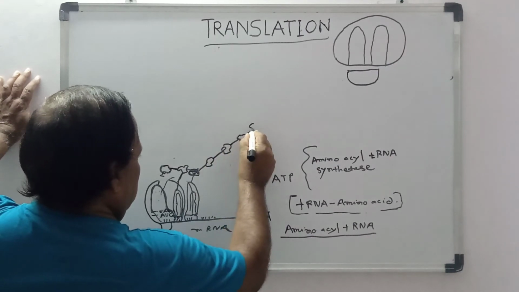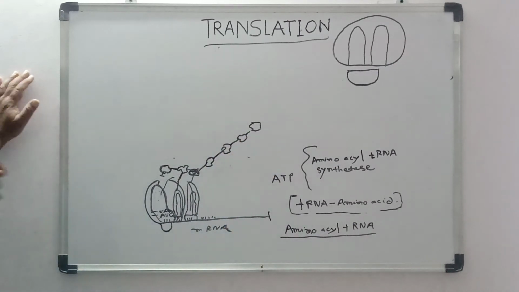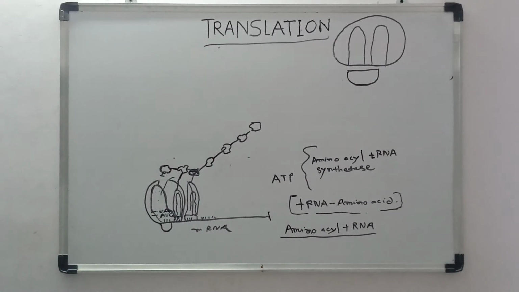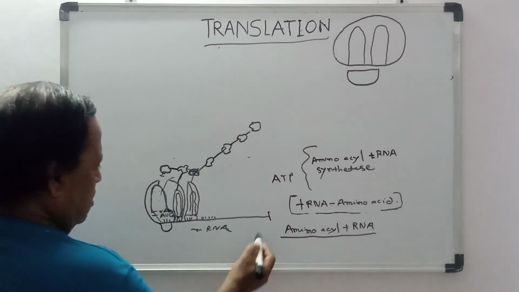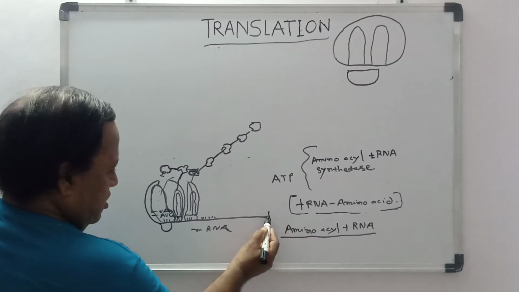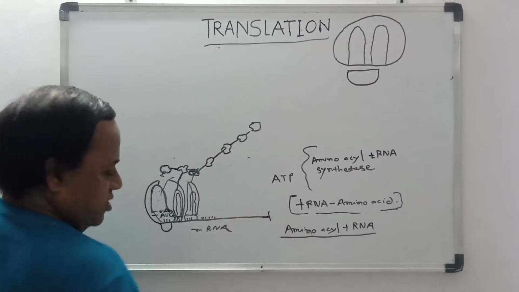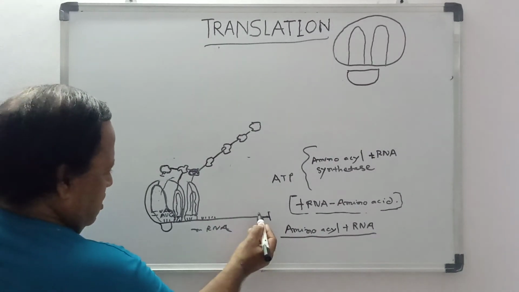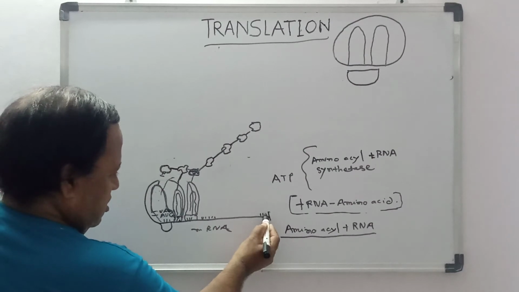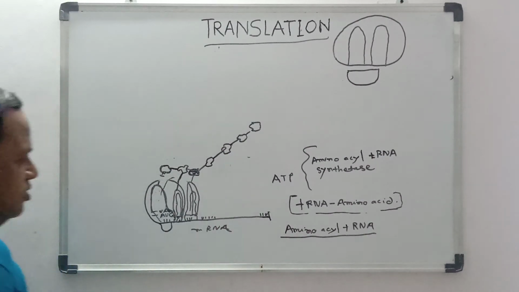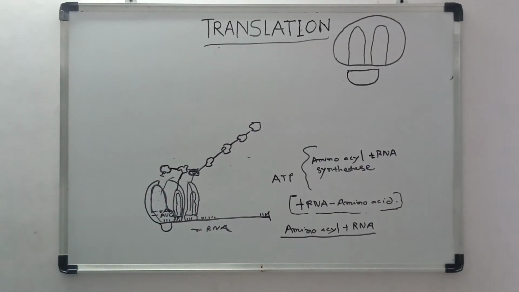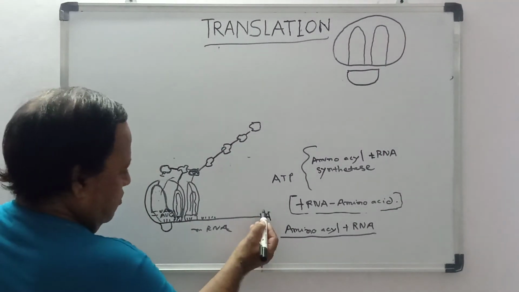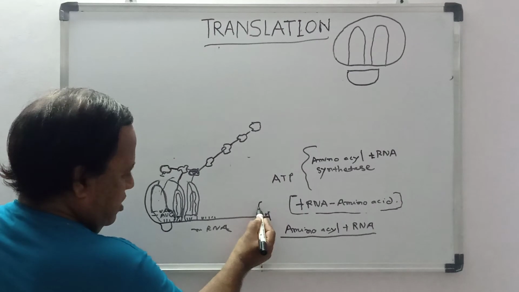Once it reaches here, there is no anticodon for the termination, so one release factor acts over here.